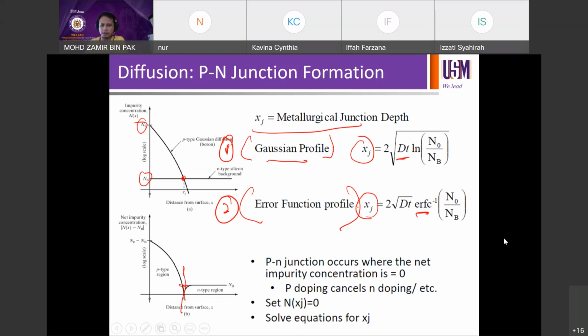Hazik said 1, Gaussian. Max said 1, Gaussian. Any other answers? You're running a pre-dep process. You are required to calculate junction depth. Which formula will you be using? One is Gaussian, second is error function. So we've got 2 for Gaussian. Will you be going for the first one or second one to get your Xj?